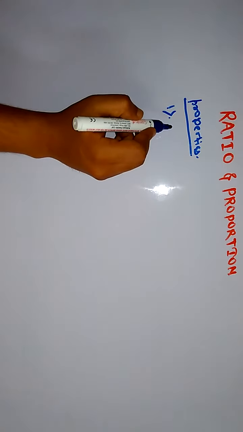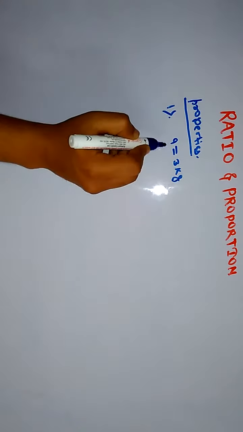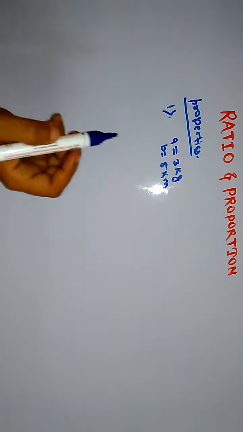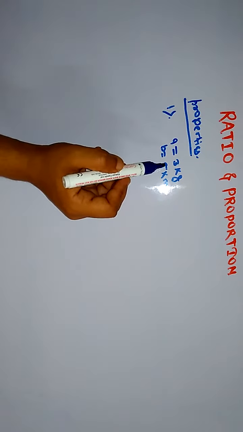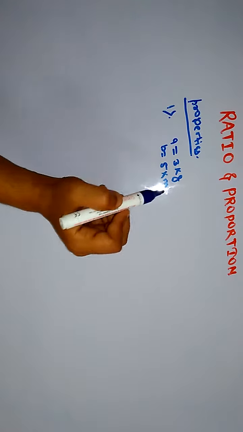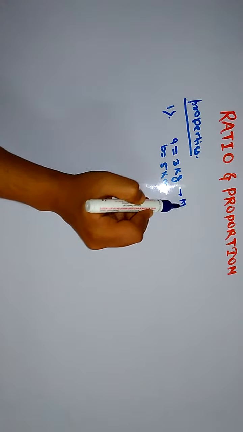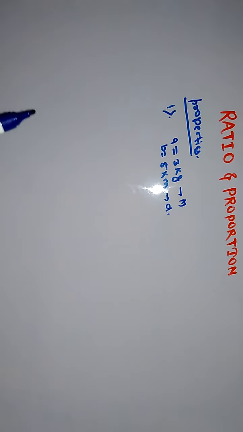Suppose a is 3 kg and b equals 5 kilometer. Here a and b are of different characteristics and different nature. A is mass, and b is distance. So we can't do a comparison between a and b here.